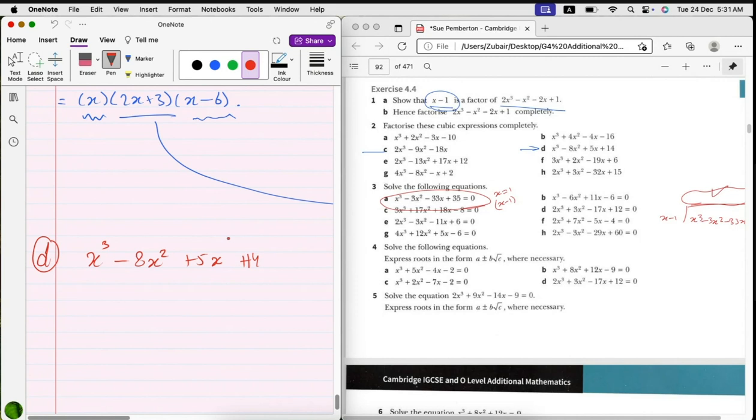With 1, I'm getting 28. With 2, replacing it with 2, I'm getting 0. 2 cube minus 8 into 2 square plus 5 into 2 plus 14. I'm getting 0. So that means x minus 2 equal to 0 is the factor.